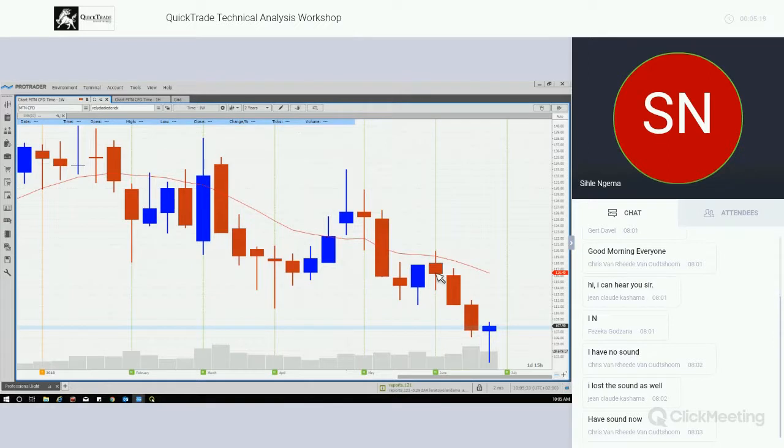Check for all the stocks that closed below their simple moving average, or are still staying below it, and are not anywhere near their support or resistance levels. If they are going down, they are not anywhere near their support levels, and if they are rising, they are not anywhere near their resistance levels. I need you guys to have a look at those for me, and that will help you in deciding which stocks to buy and which stocks to sell for the month of July.